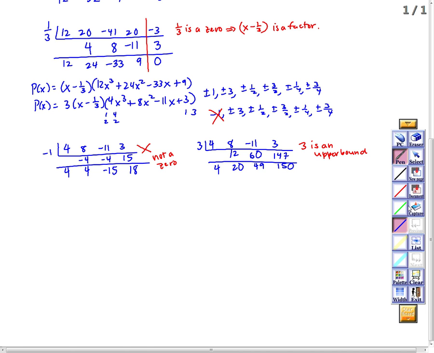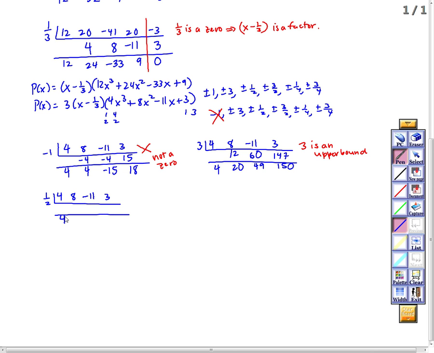Okay? So what should we try next? We could try -3, positive or -1/2, positive or -3/2, positive or -1/4, or positive or -3/4. So let's just go ahead and try another fraction because those are always fun. How about 1/2? 4, 8, -11, and 3.